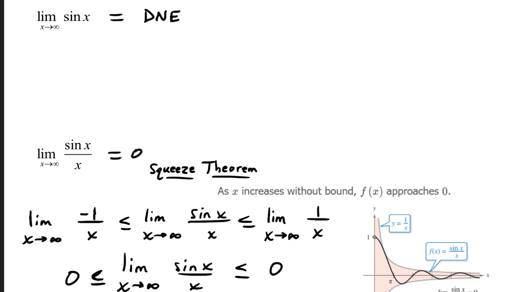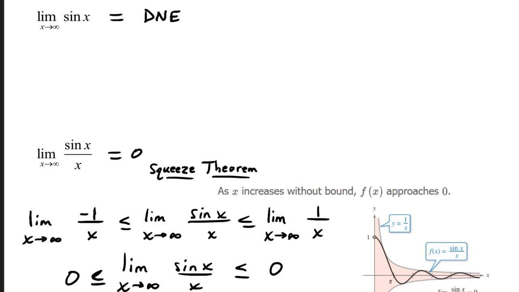As x keeps getting larger and larger, your graph will continue to alternate and oscillate up and down. It never finds a true fixed value that it's equal to. So this limit does not exist. There's no finite number that your graph takes on when x is really, really large.